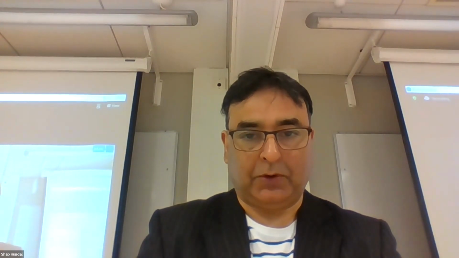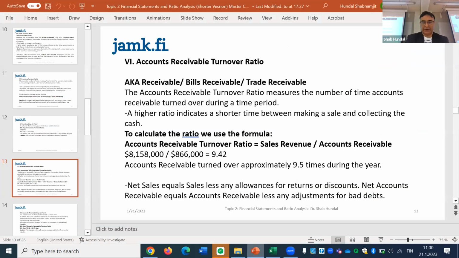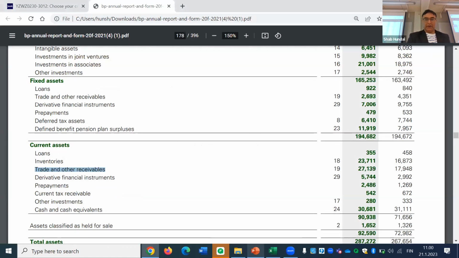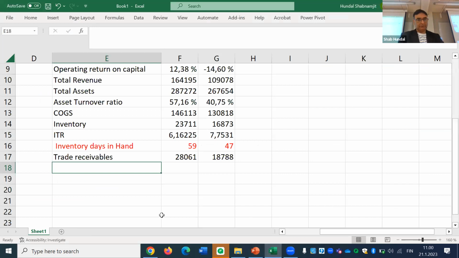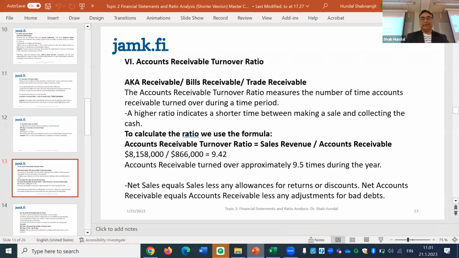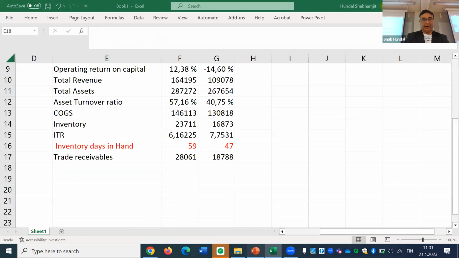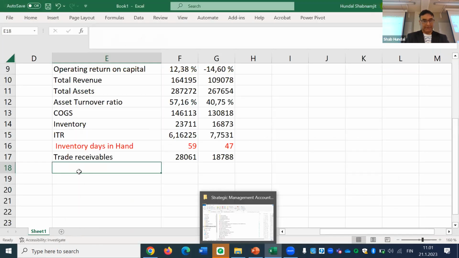And the formula says it is the sales revenue, or the total sales, same thing, divided by the accounts receivable. We call it the accounts receivable turnover ratio, so I can call it ARTR.